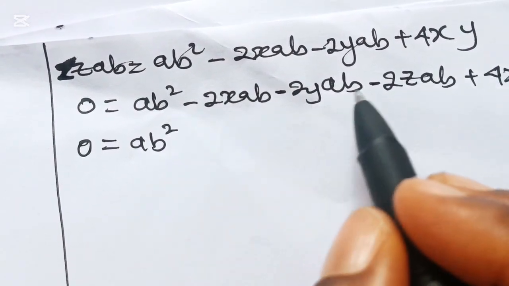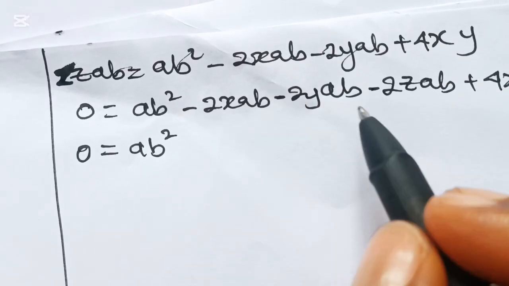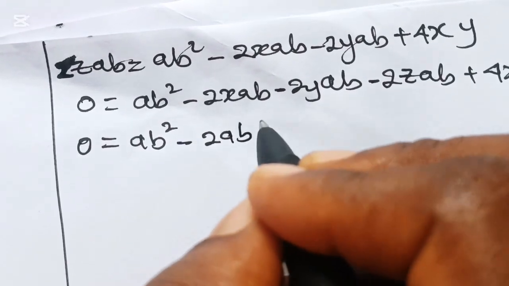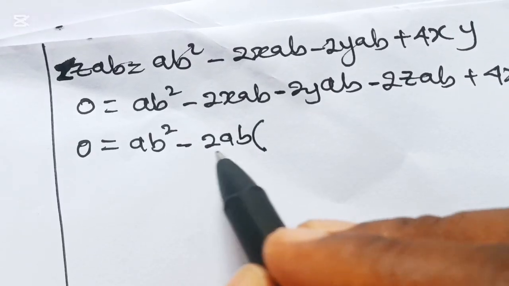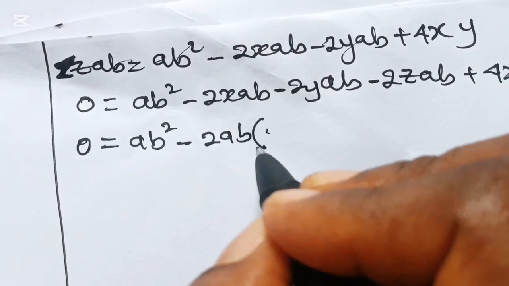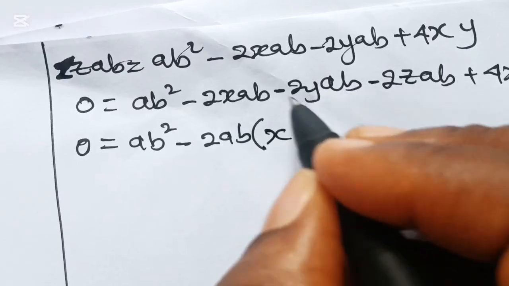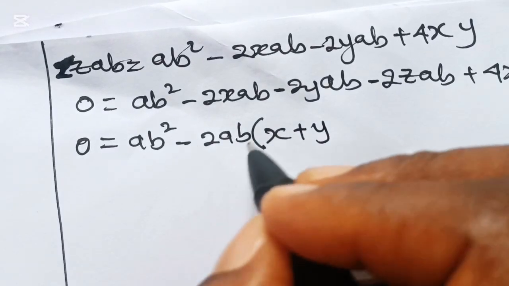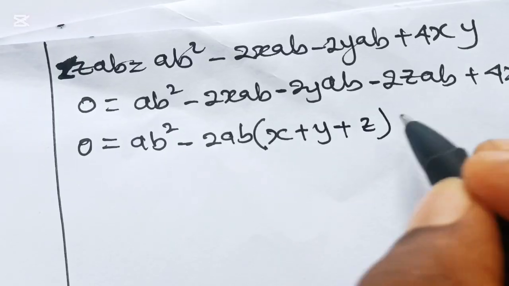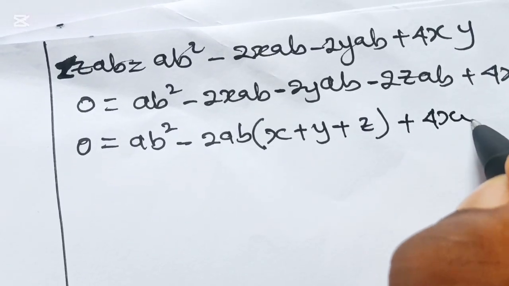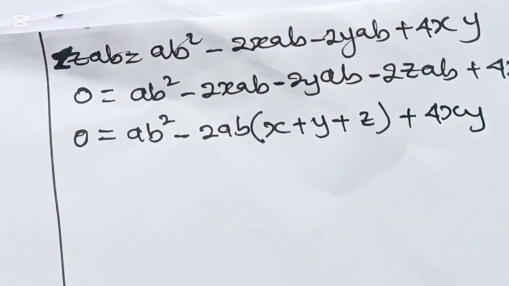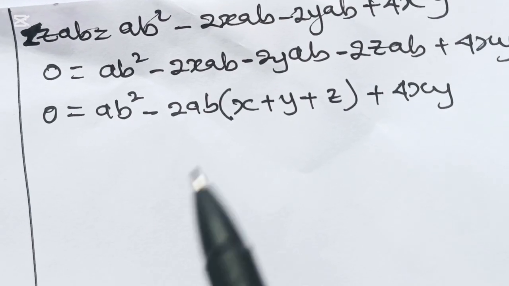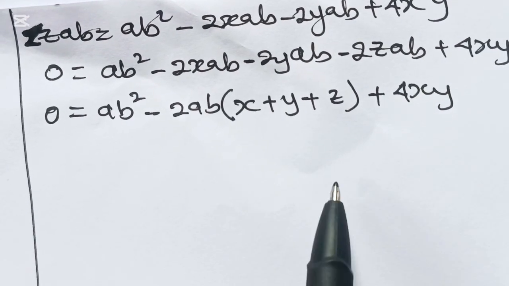Now what these three terms have in common is minus 2ab. So when this is divided by this, x will remain. When this is divided by this, y will remain. And when this is divided by this, plus z will remain. Then plus 4xy.